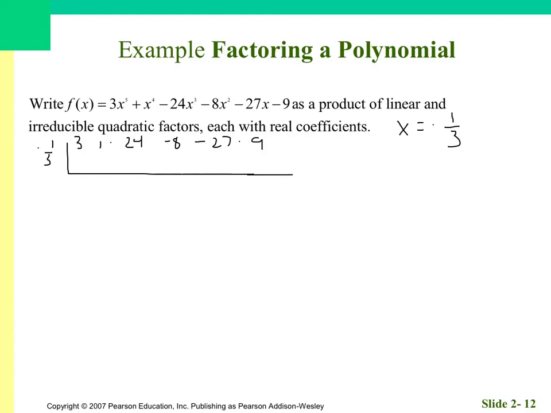So bring it down. Negative 1/3 times 3 is negative 1, so that'd be 0. So 0, negative 24, 8, you get 0.